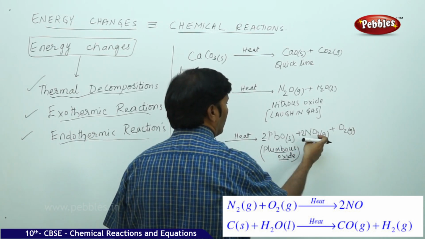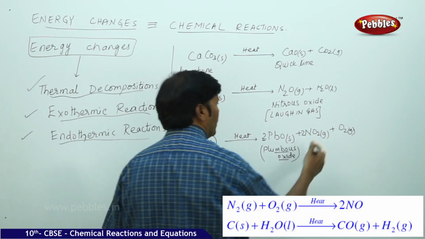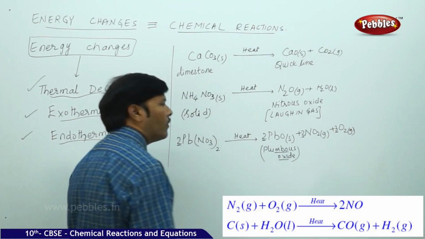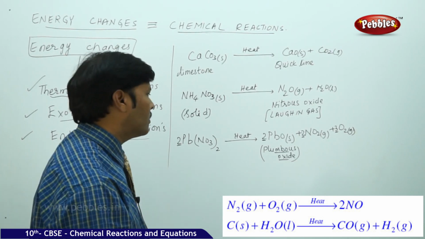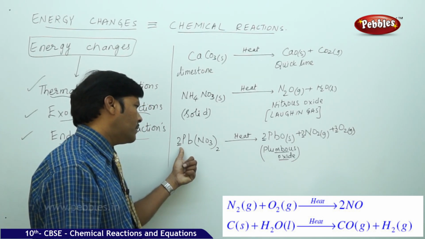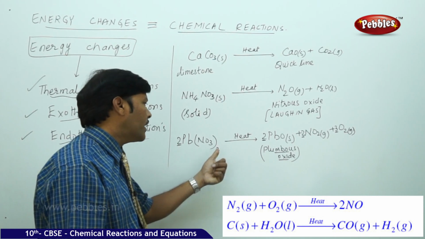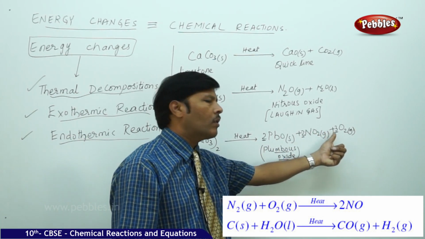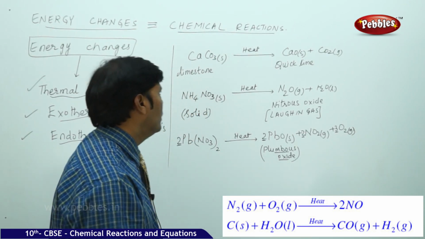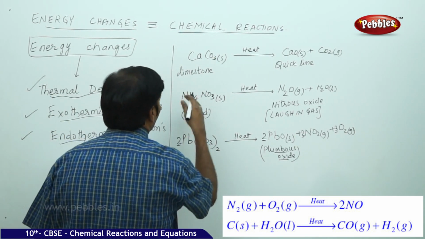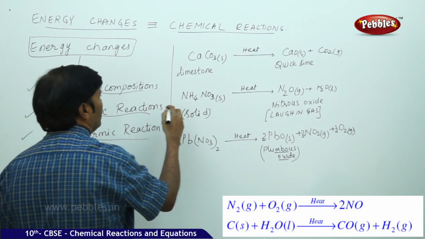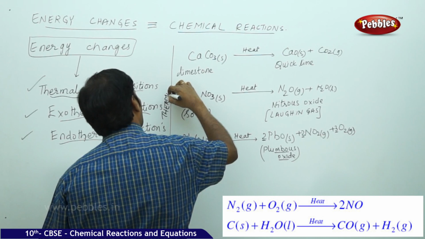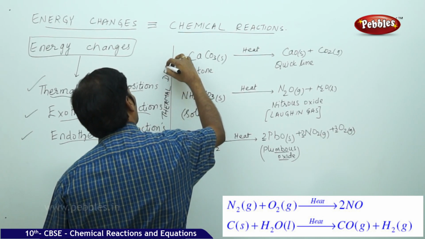Already we have 2 2s, 4 oxygens, plus 2 oxygens, 6 oxygens. If I place 3 over here, then the entire number of oxygens gets balanced. You can see here that 2 moles of lead nitrate upon heating give 2 moles of lead monoxide, 2 moles of nitrogen dioxide and 3 moles of oxygen. So these three are the best examples of how thermal decomposition takes place. So this comes under thermal decomposition.